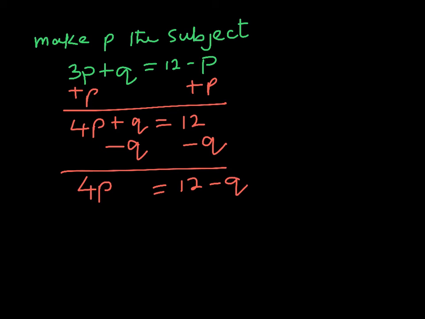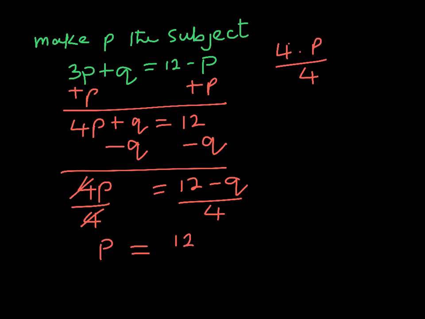We only want p alone on the left. The relationship between 4 and p is that of multiplication. To reverse it, we divide by 4. So we divide both sides by 4, and the 4 cancels out here. So what we have is p is equal to 12 minus q, divided by 4. Now we have made p the subject of the formula.